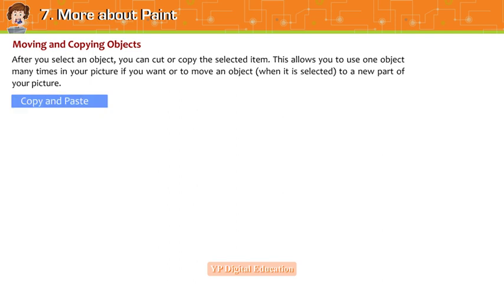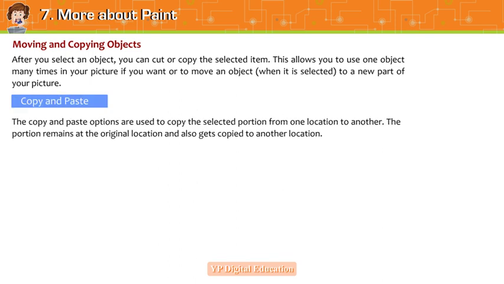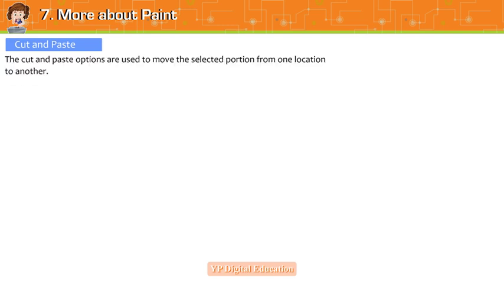Copy and paste. The copy and paste options are used to copy the selected portion from one location to another. The portion remains at the original location and also gets copied to another location. Cut and paste. The cut and paste options are used to move the selected portion from one location to another.